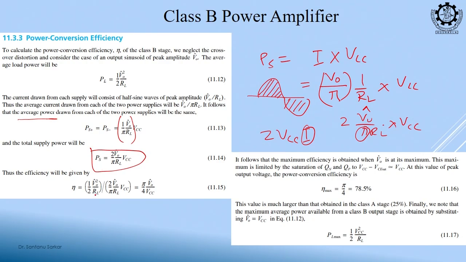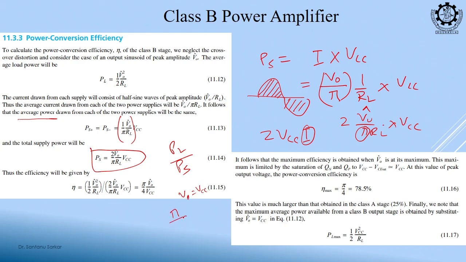So that will be reflected in my efficiency. If you want to find the efficiency, that is PL divided by PS, that is half V square by RL divided by twice V by pi RL into VCC, which is equal to pi by 4 into V0 by VCC. Now let us consider that V0 is equal to VCC.